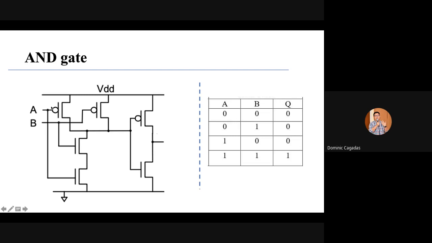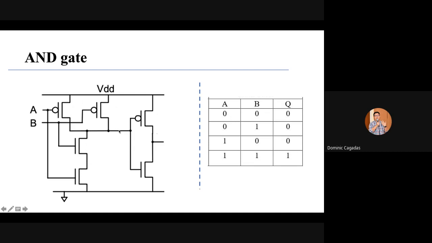So let's trace. A, B, 0. This PMOS is on, this PMOS is on. This NMOS is off. With both PMOS on, you have supply. Therefore, at this point your output is high. So the input of your inverter is high.